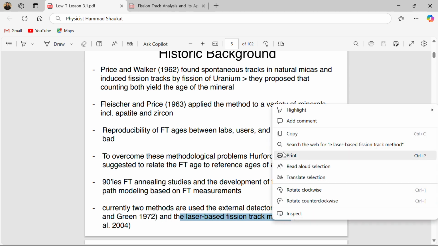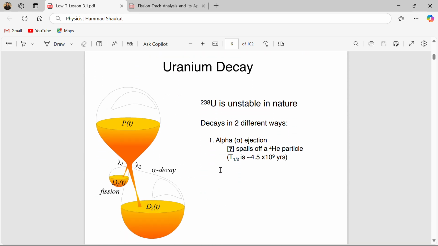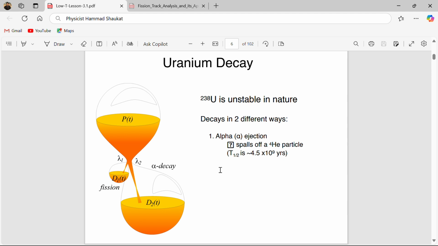Now move on towards the next topic, which is the uranium decay. As you know, the uranium 238 isotope is unstable in nature.